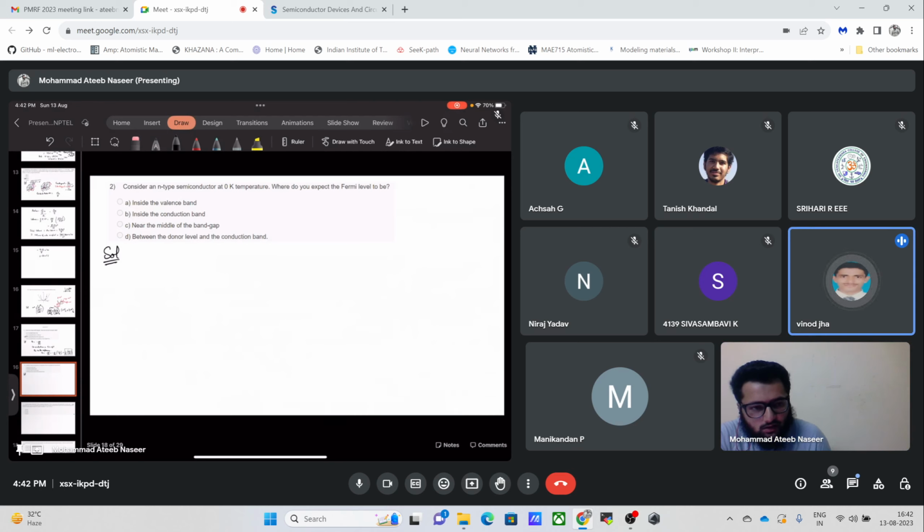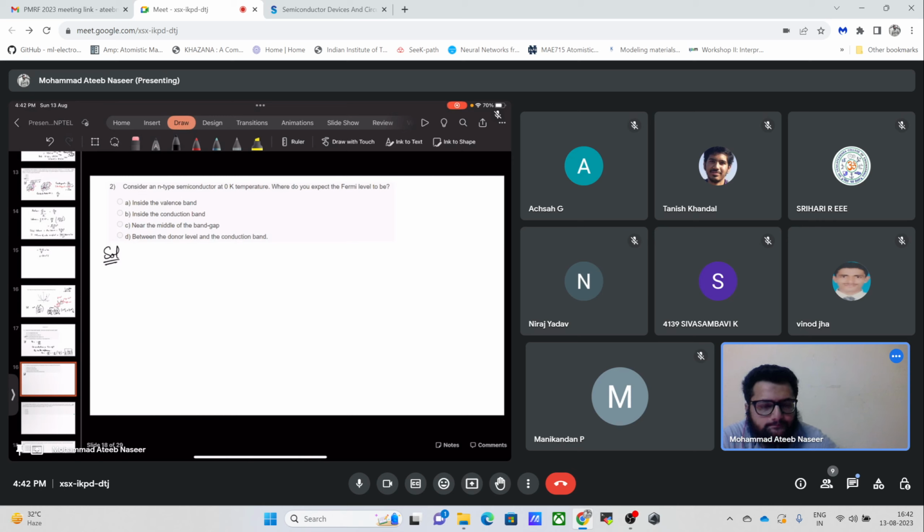Okay, sir, the donor level nearby the conduction band would be there. Okay, fine. So what would it mean? It would mean the donor level, where it would lie. You are saying it would lie in the donor, but there is no such option. Which option are you selecting, Vinod?